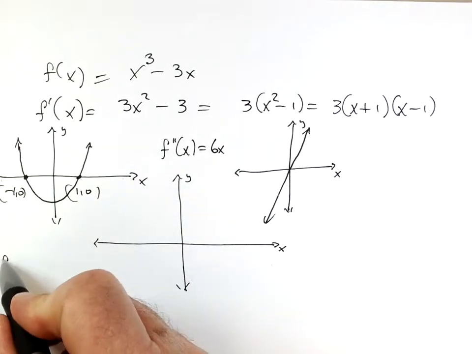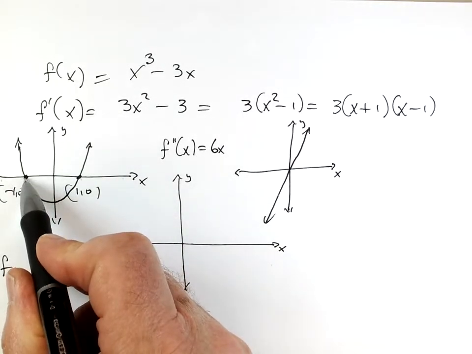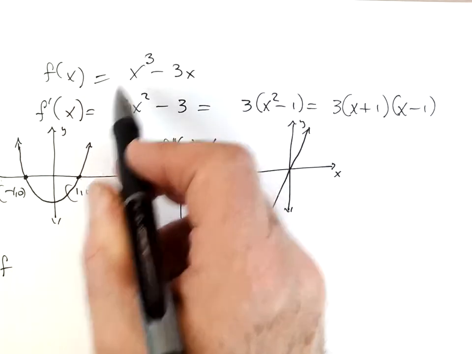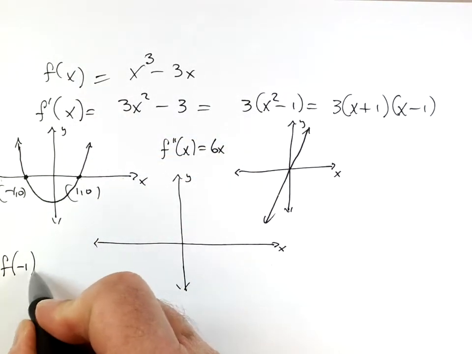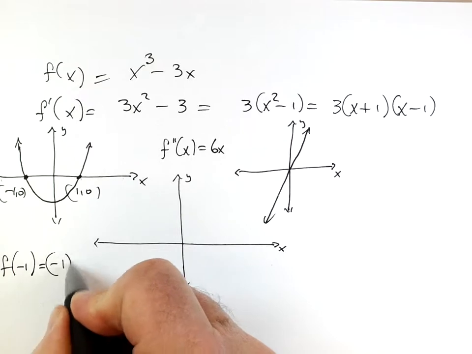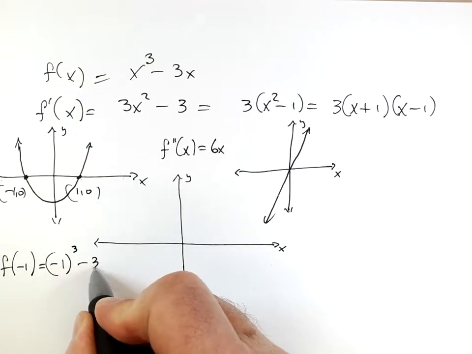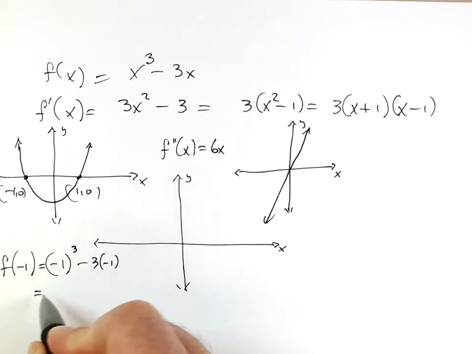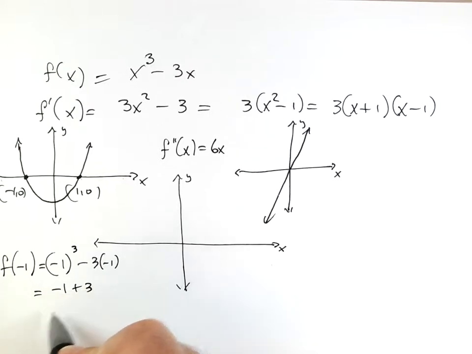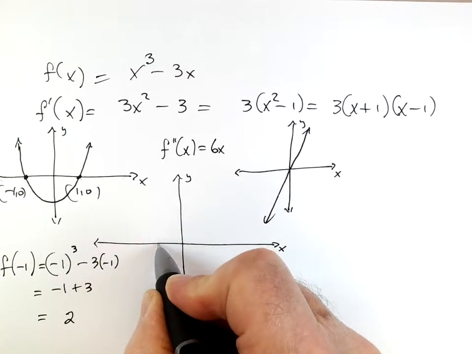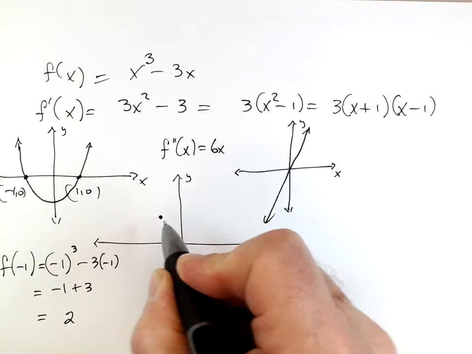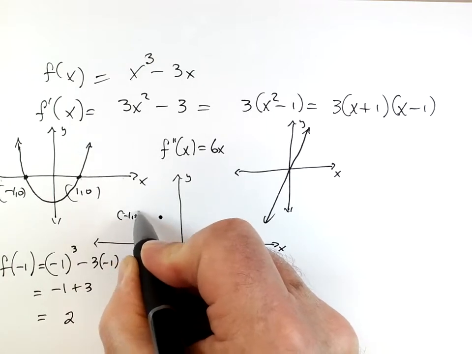That's -1 cubed minus 3 times -1. That's -1 plus 3, that's 2. So at -1, 2, we have a horizontal tangent.